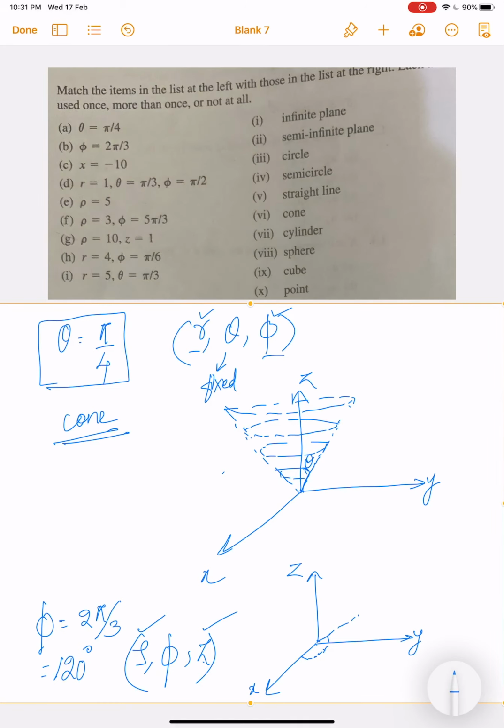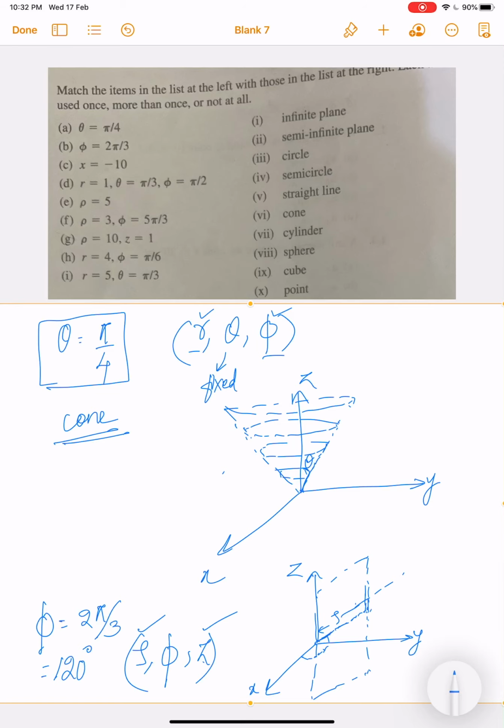So basically this is the portion on the floor, and from here your rho can vary from 0 to infinity. However far you go, it can vary. And what else can vary? My z can vary from 0 to infinity. So if you take a close look over here, this is a surface that you're getting.